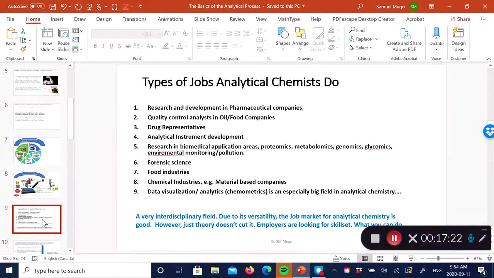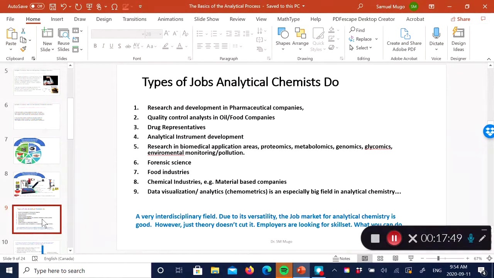You're sort of a scientist, but a marketer scientist, for pharmaceutical formulations and products. You can also do analytical instrumentation development, and that's what I do in my lab, where we fabricate sensors, and so we are developing the equipment that are used.